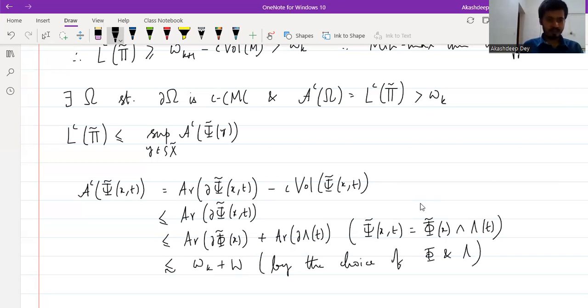So we have A^C psi tilde (x, t) is less than or equal to omega_k plus w. This gives an upper bound for L^C pi tilde, and L^C pi tilde is equal to A^C omega. So we have an upper bound for A^C omega. So roughly this was the proof for theorem 2, and I'm going to stop here. Thank you very much.